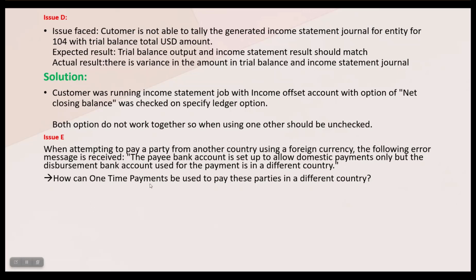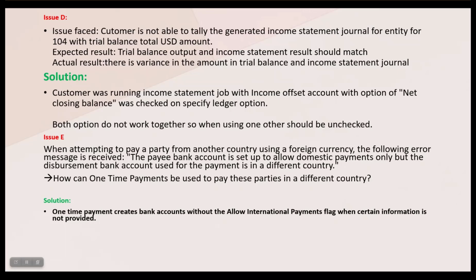So how can a one-time payment be used to pay these parties in a different country? So these are the issues when using OTP. OTP means this supplier is a one-time supplier creation. So how to allow this when creating a one-time payment?